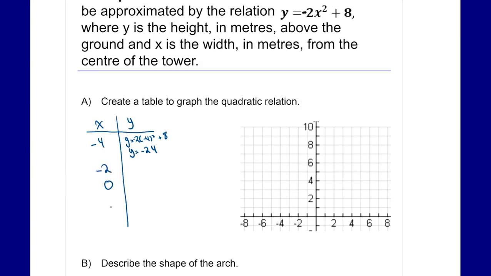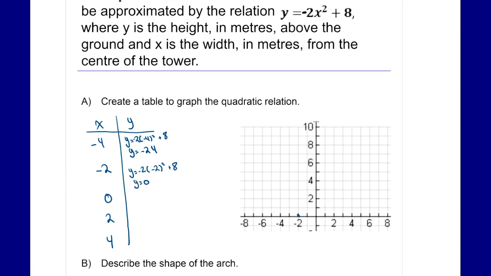-2, 0, 2, 4. If I plug in -2, same idea: y is equal to -2 times -2 squared plus 8, which gives me 0.